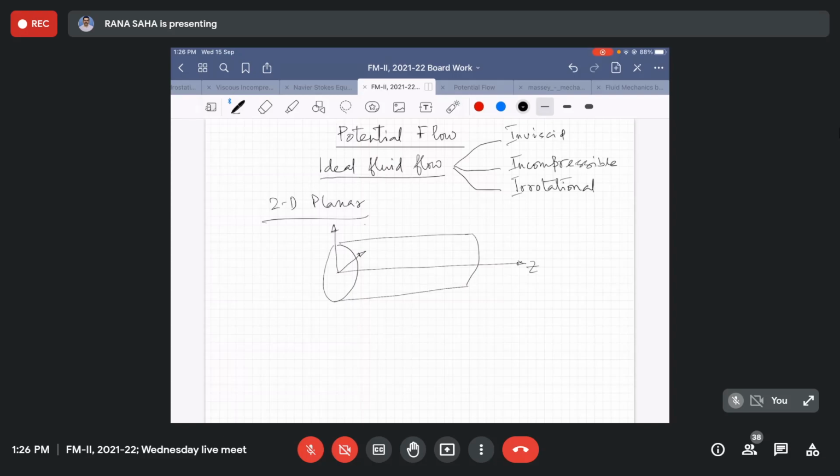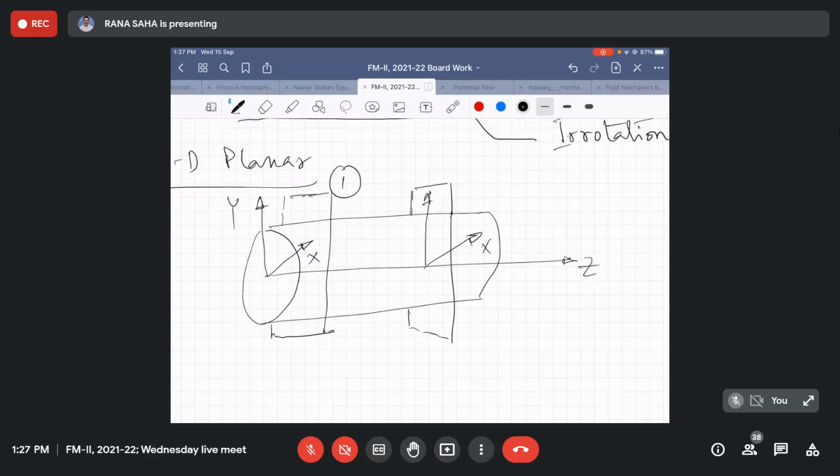So if you make a slice at this particular point as well as at this particular point, if I call this x and this y, then at this particular point also we can have this flow description which remains the same. Okay.